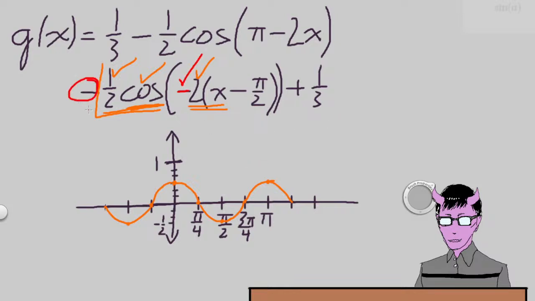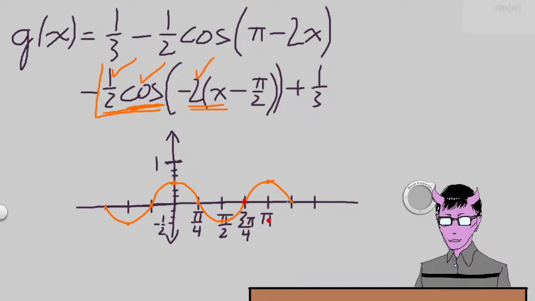Now we have a negative reflection across the node axis. This is where the node is located, which happens to be the x-axis. So everything gets reflected across. So what happens? Instead of being positive 1, it becomes negative 1. Instead of being positive 1/2, it ends up being negative 1/2.